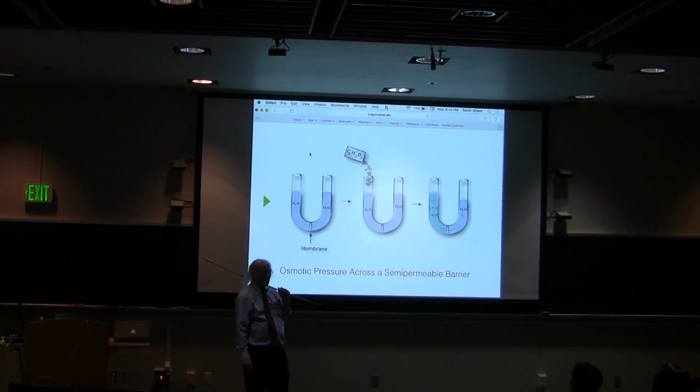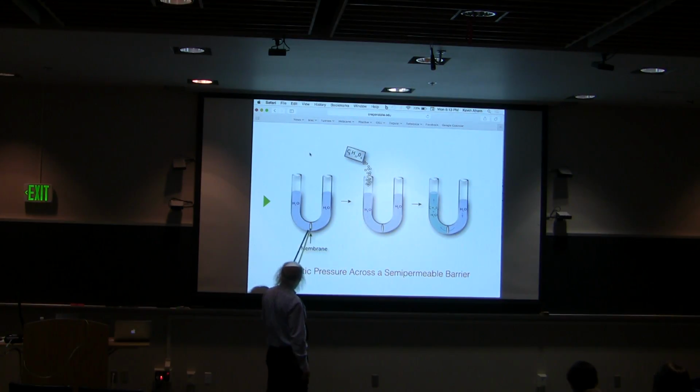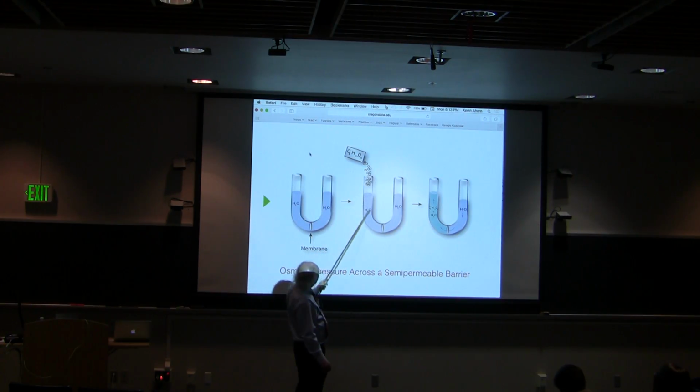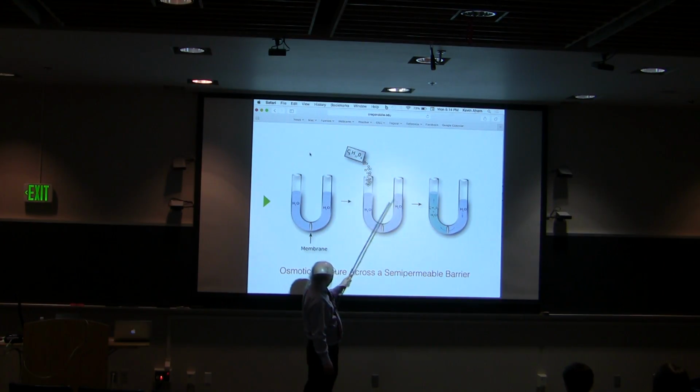Concentration we can best understand with osmotic pressure. And osmotic pressure happens when we have a membrane through which material cannot flow. So if I put, for example, a chamber as shown here with water that can flow through here, water will equalize the height on either side.